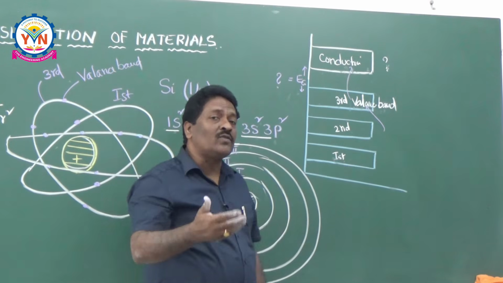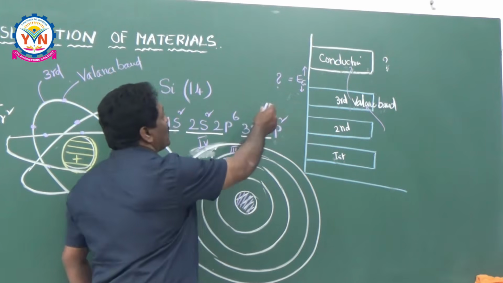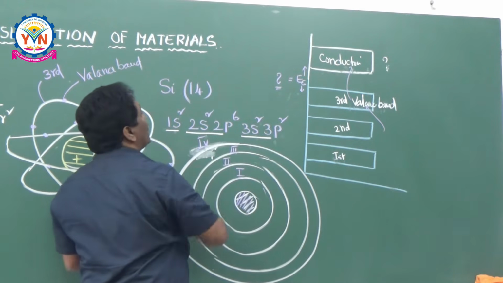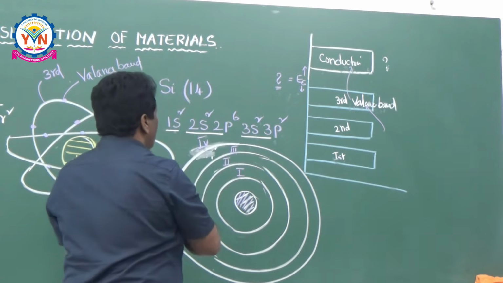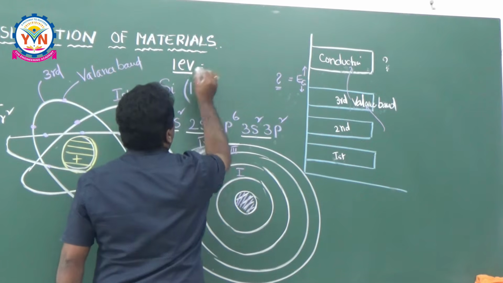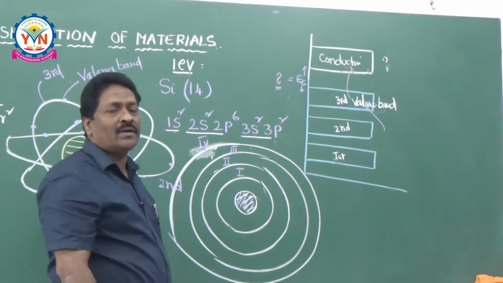So now I would like to tell you how to define this electron volt also. What do you mean by electron volt? Electron volt is nothing but a unit of energy, and 1 electron volt is equal to the energy gained by an electron whenever it is falling through a potential of 1 volt. I think you understood this.